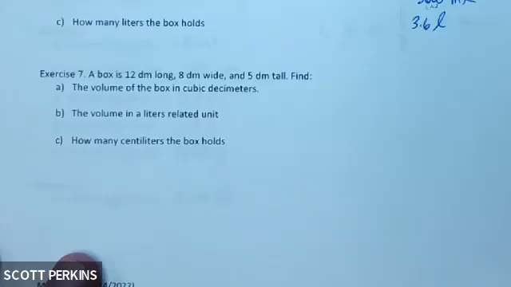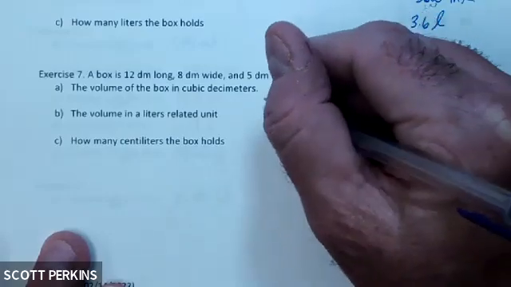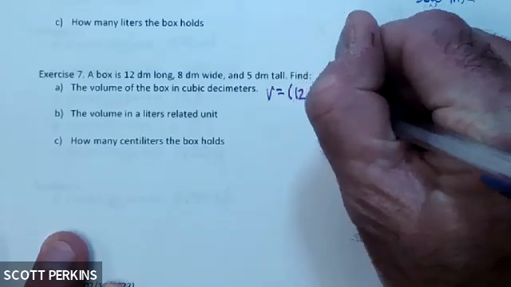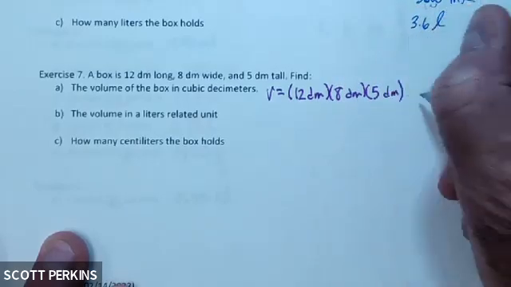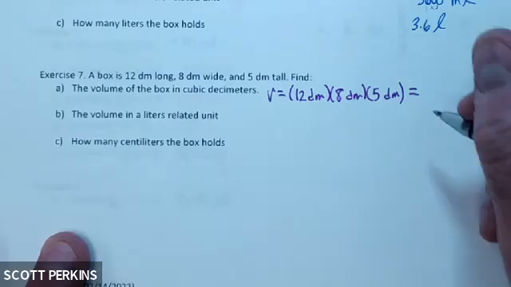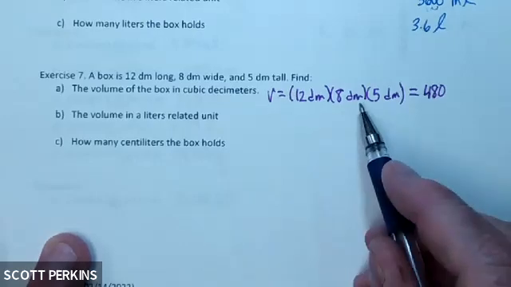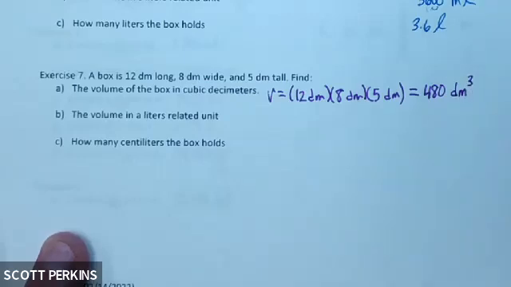All right, so I'm just going to get started. So the first one again says, what's the volume of the box? This time in cubic decimeters. So the volume is 12 decimeters times 8 decimeters times 5 decimeters. There's 3 dimensions in a box. And so 12 times 8 times 5, I believe, is 480. And then decimeters times decimeters times decimeters means I can go in 3 directions. So decimeters cubed. So then now I've got 480 decimeters cubed.